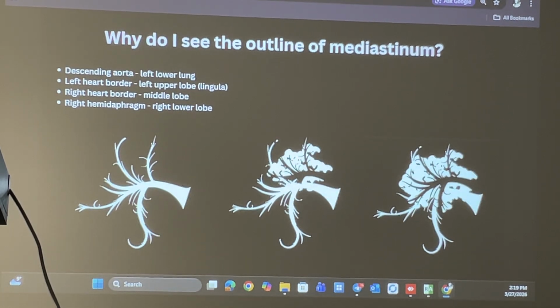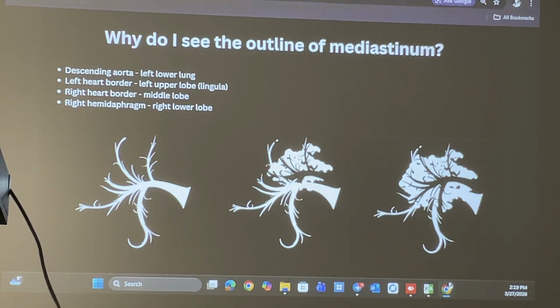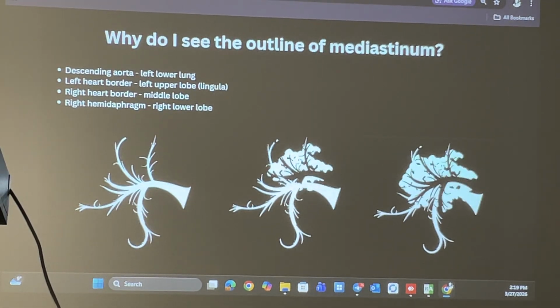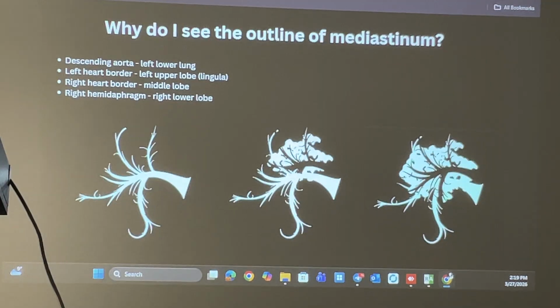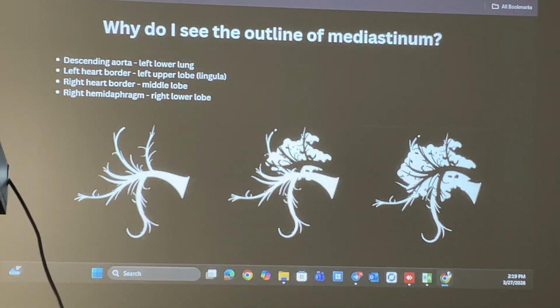Because the mediastinum is mostly soft tissue, and surrounding it we have two lungs, which are air-filled, and those appear as black low densities on X-rays. It is the same reason you can see white letters on a black background. Because it has aerated lung next to it, there is a density difference.